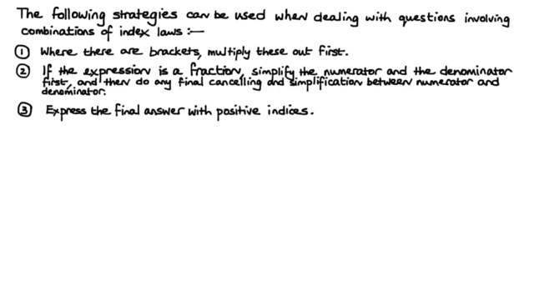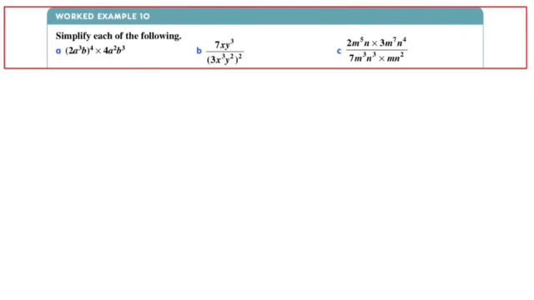With positive indices. Alright, let's do some examples now and see whether we really understand how to tackle these fairly grisly looking questions. So have a look at this. Number A, we've got this one here. Alright, now the first thing to do is to multiply out that bracket, okay? So let's do that.